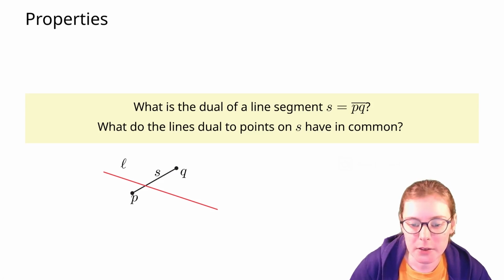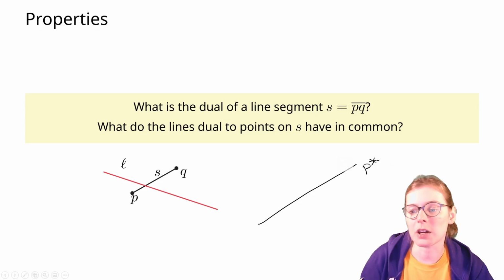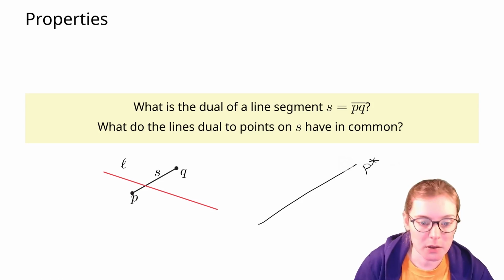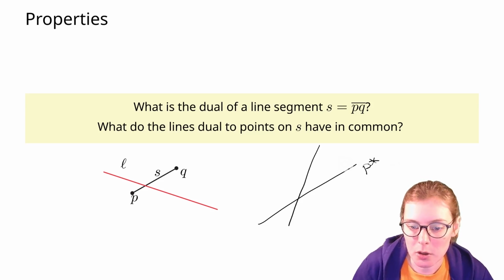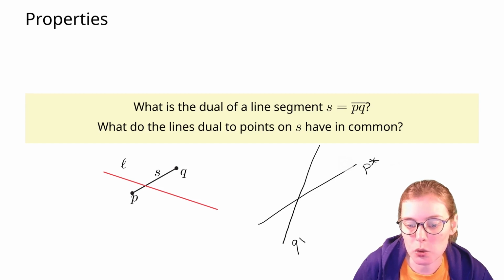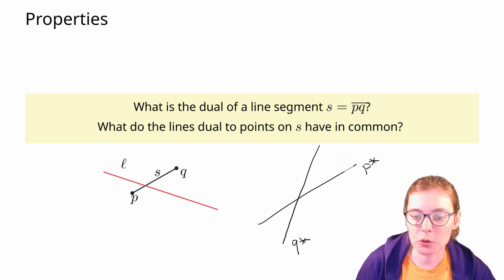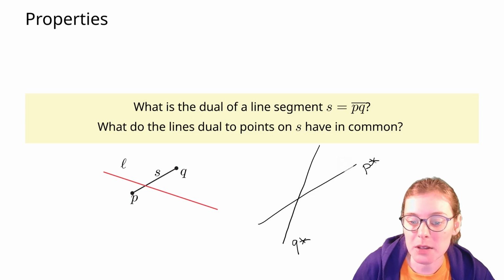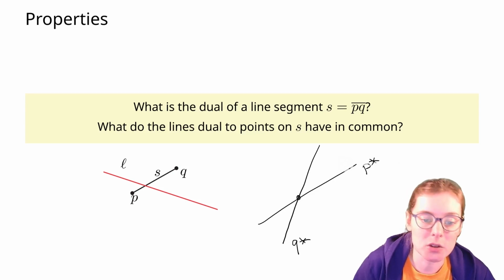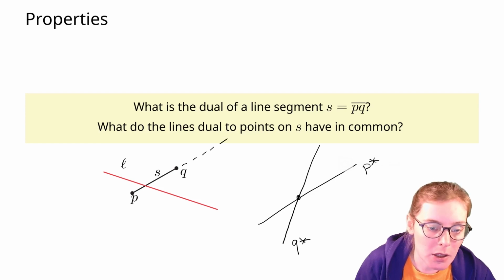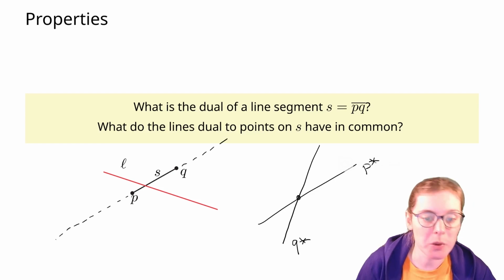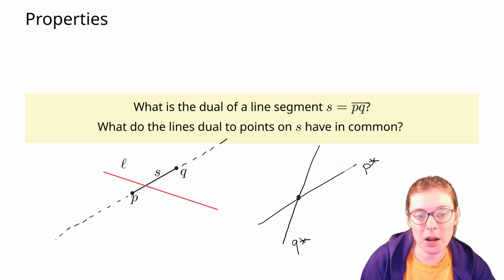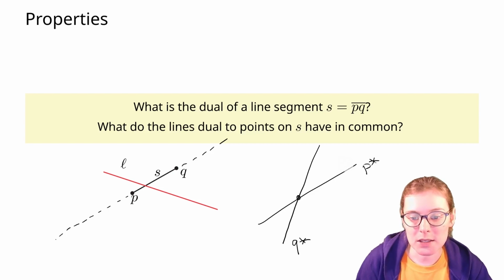Well, by definition, a point P will be dual to some dual line P star, and a point Q will be dual to a line Q star. Furthermore, we said that the lines P star and Q star intersect in a point which is the dual to the line on which points P and Q lie in the primal plane. So what does this mean?